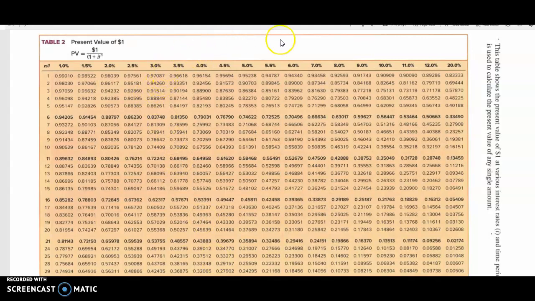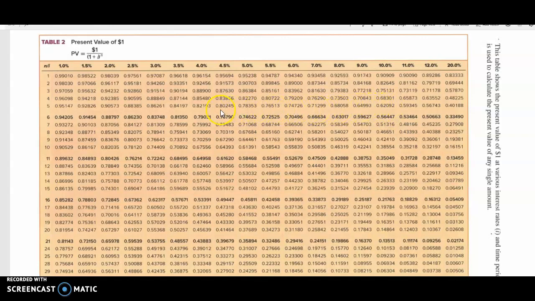Find the 10% column, and read down till you find a factor close to 0.625. It's right about here. It's not exact, but it's close.